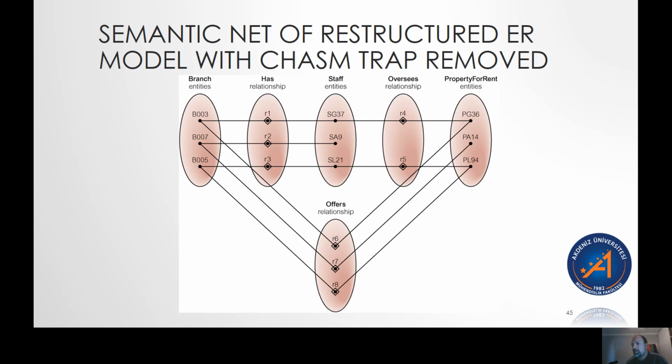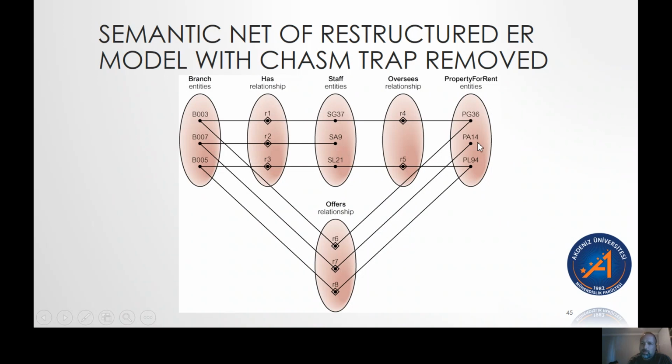But because this relationship may not be participated in by the property for rent, in order to find out what branch offers it, we must have this relationship here.